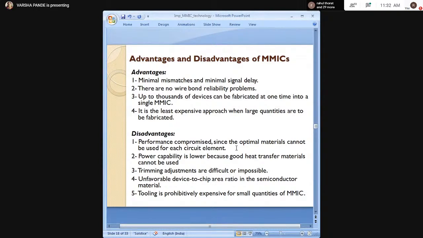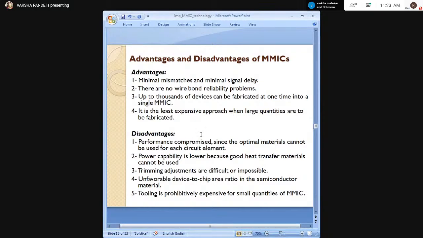But suppose you want the most suitable material for the capacitor and the most suitable material for the inductor, then you have to use them separately. Use separately means you first fabricate the capacitor or inductor, and afterward fabricate whichever is left. Separately you have to fabricate.